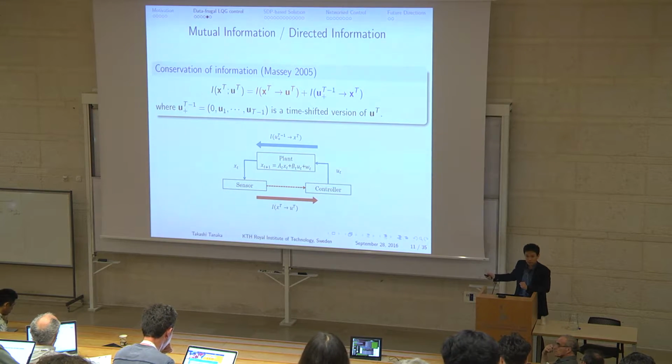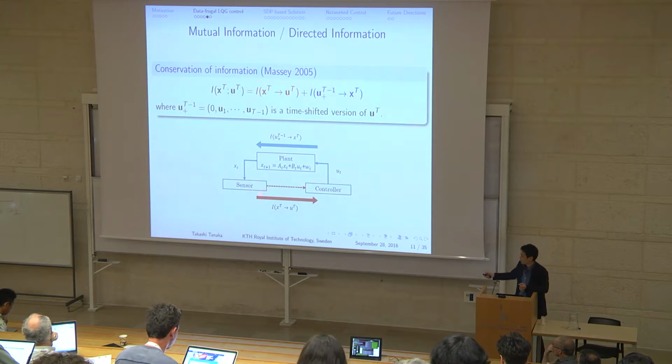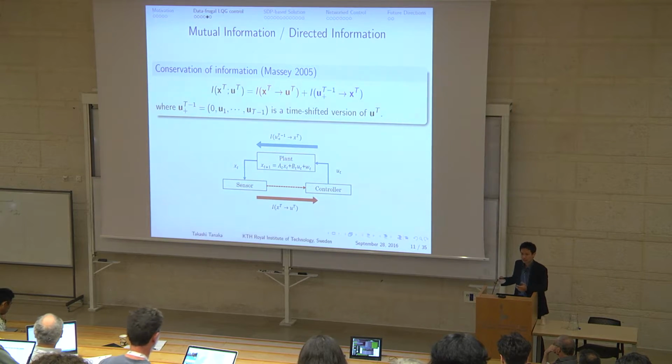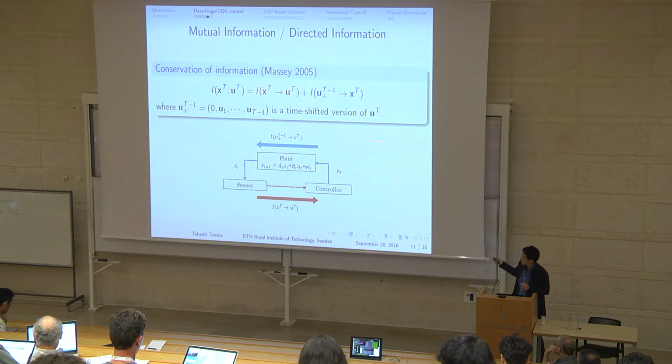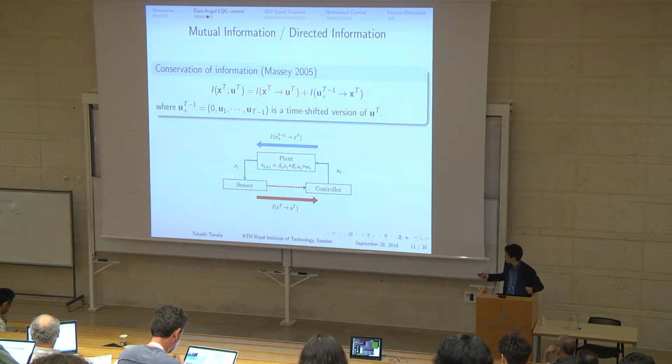And there's another information flow through your action. So I hope that this diagram convinces you that this red directed information is something we should be looking at, because we are not so much interested in this information flow, since this information is essentially processed by the environment.